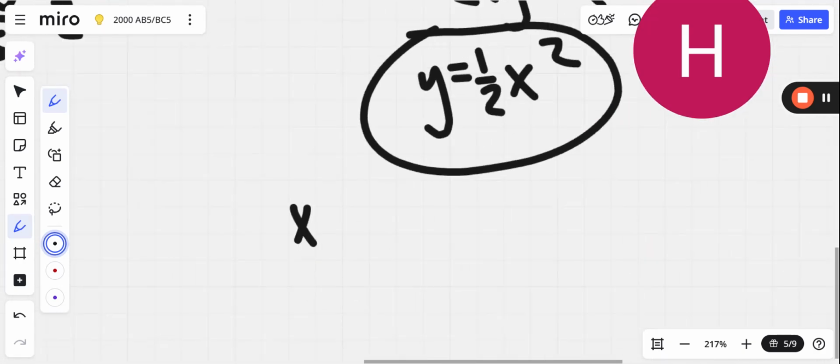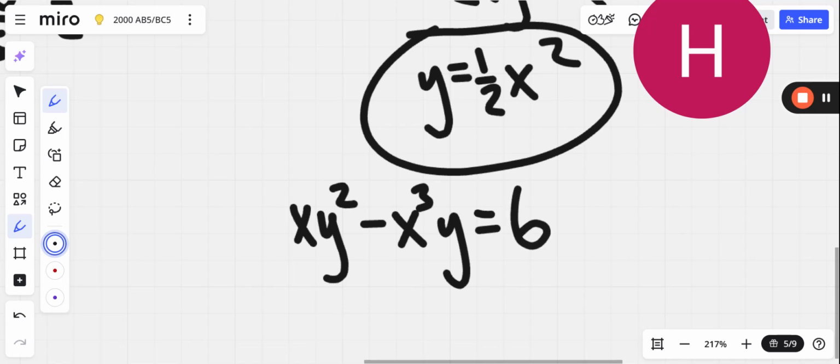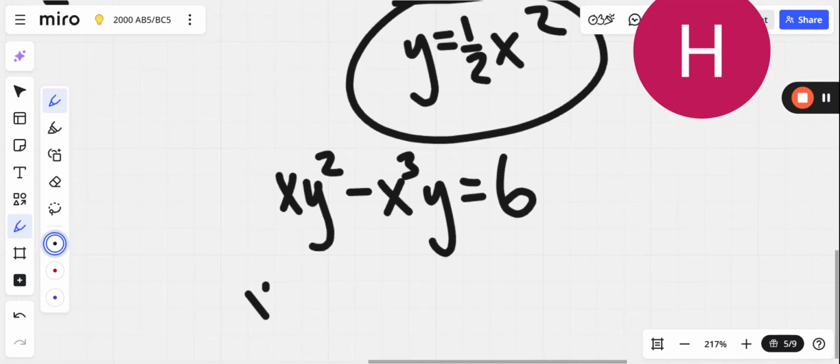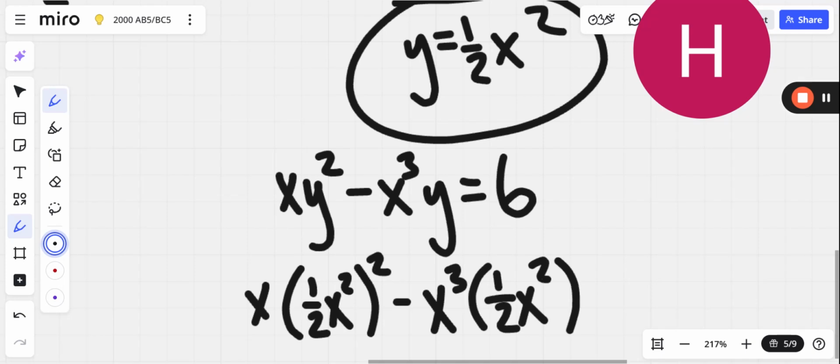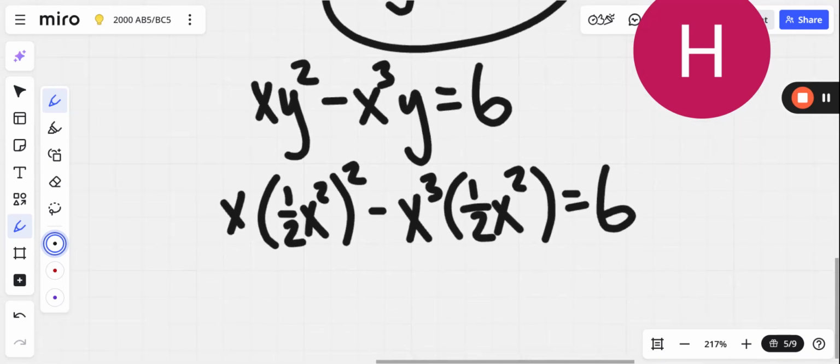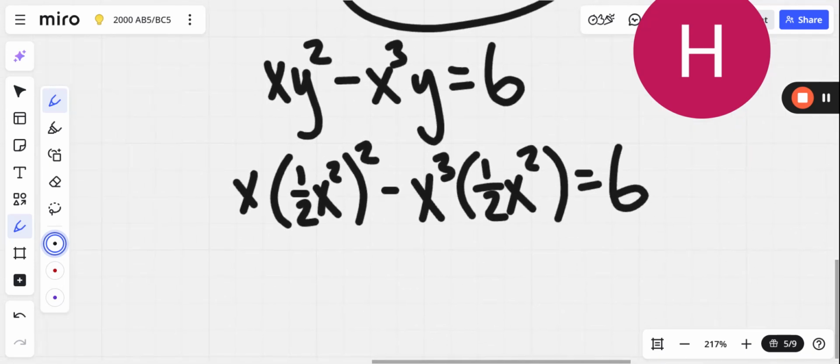So we have x times y squared minus x cubed times y equals 6. This is going to become x times 1/2 x squared minus x cubed times 1/2 x squared equals 6.